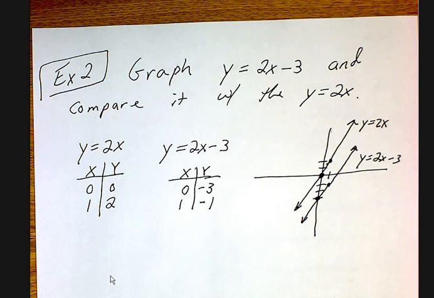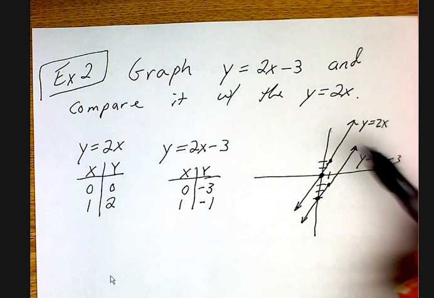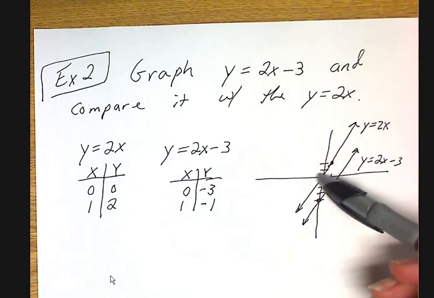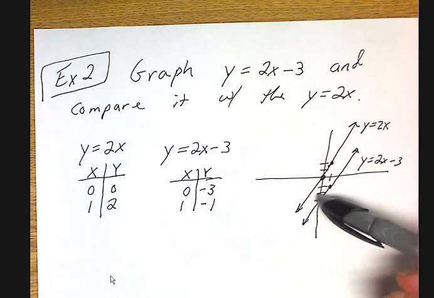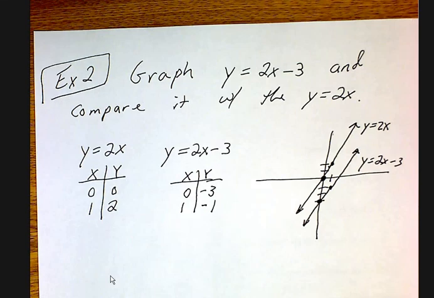Any ideas? Nick says he has something. Anybody else have any ideas of what happens? Bree, what do you guys think? No? Looking at this, how many? It moves down how many? 3. It moves down 3.